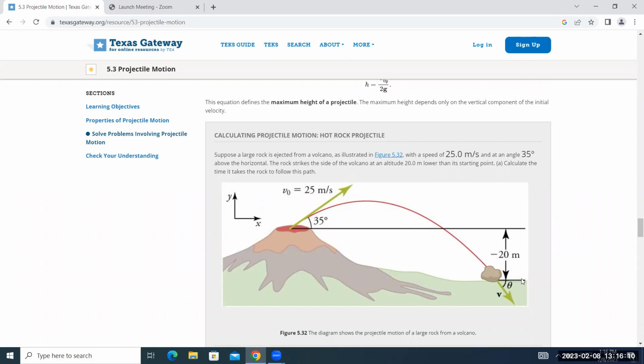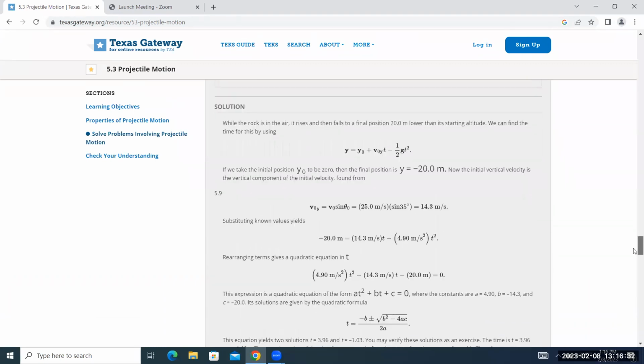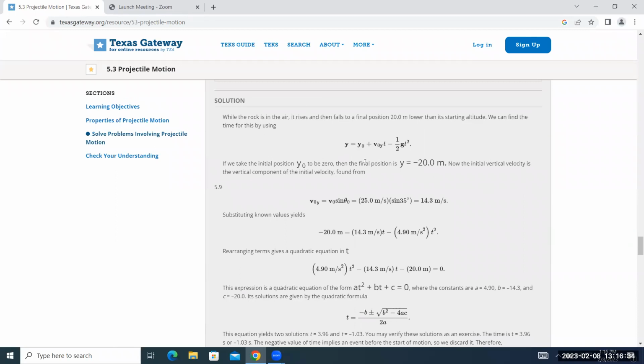My initial y is just going to be positive 20, because I know it's 20 meters away. So that's the only thing that changes. But in this case, we've chosen our starting point to be up here at the top of the volcano. So we're going to call our initial position 0 in the y direction. That means our final position is negative 20, because it's below where we've chosen our 0 axis to be.